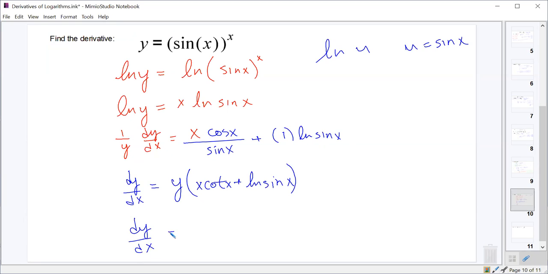So we end up with a final answer of sine x to the x times x cotangent x plus natural log sine x. Good or no? Good. Spectacular. All right. Everybody feel like they could do simple problems like those ones? Nothing too crazy? Yes. All right, good.